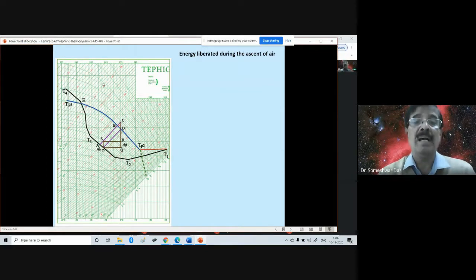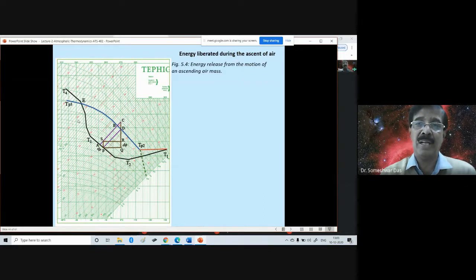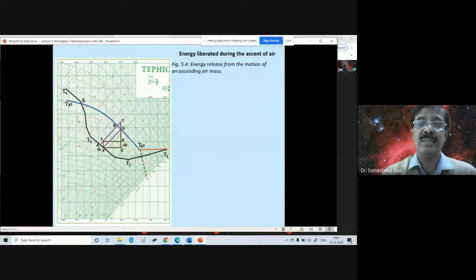Okay. So here we had discussed last time, from this diagram we can compute the energy required to lift a parcel of air to the level of so-called free convection, so that from there onwards no more energy has to be given externally, but the parcel automatically has its own energy to go up because it will find itself buoyant in the surrounding air.